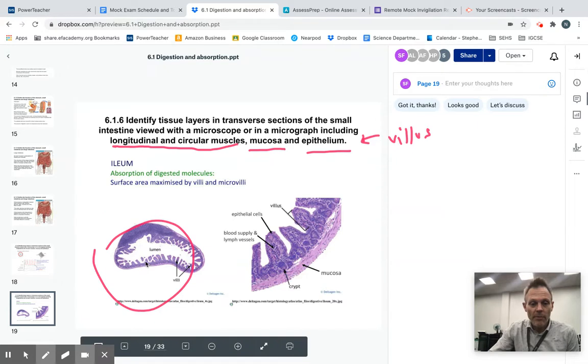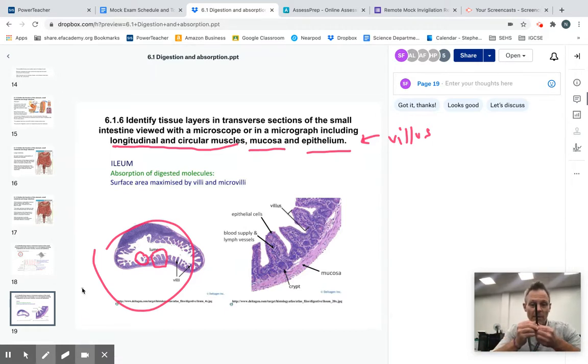Now, a couple things I want to point out that confuse students sometimes. That's a villus, which might make you wonder, why is it floating around? These three right here are obviously villi, but why are they floating? That's because villi aren't exactly standing straight up. They might be pointing this way or that way.